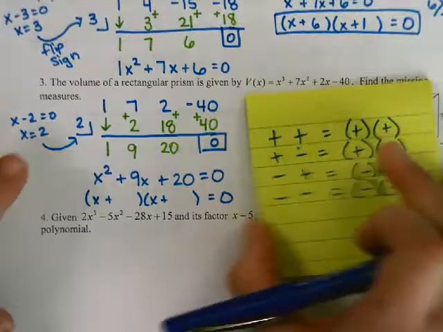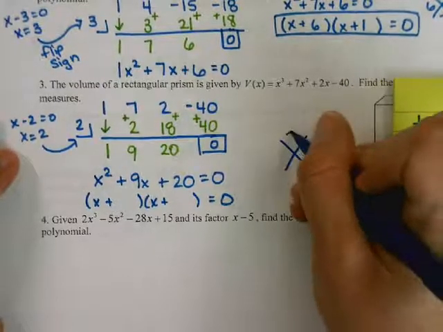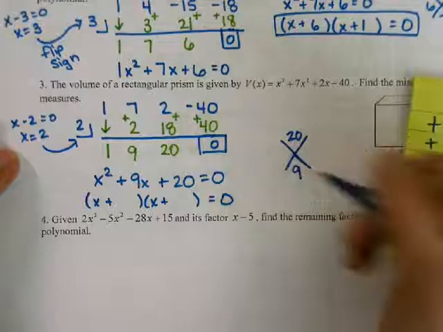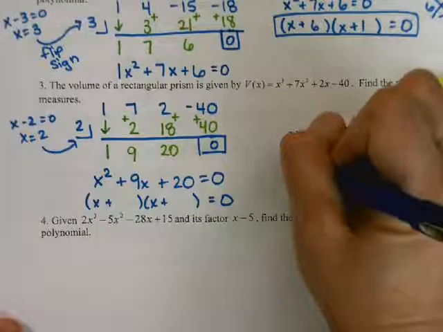So, what two numbers multiply to 20 that add to 9? 5 and 4.